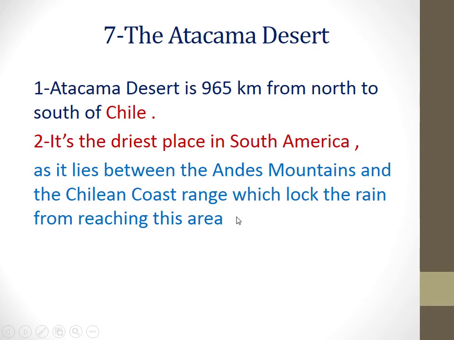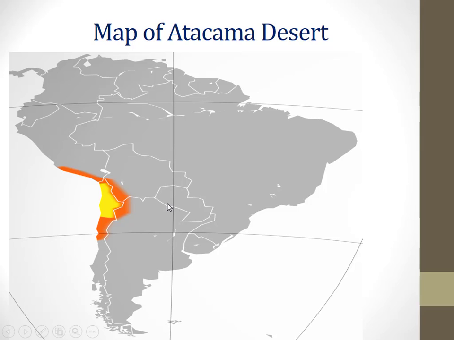So our desert is between two mountain ranges. The Andes Mountains and the other mountains are called the Chilean coast range. So it's in the middle. So all the high mountains block the rain from reaching the Atacama Desert. That's why it's so dry. Let's go next. This is the map of Atacama Desert in Chile, in this area, right? It's in the west.